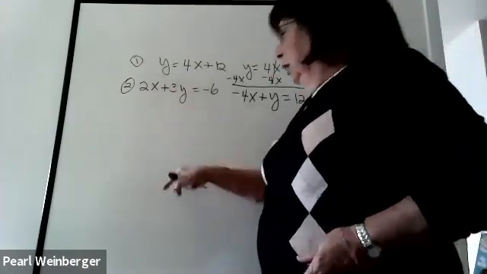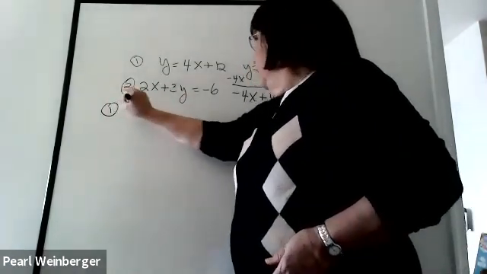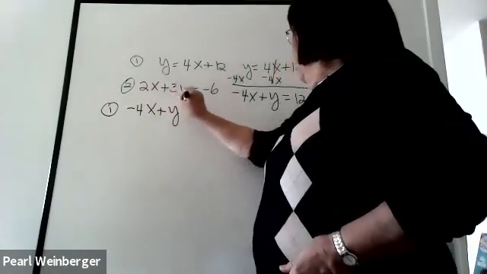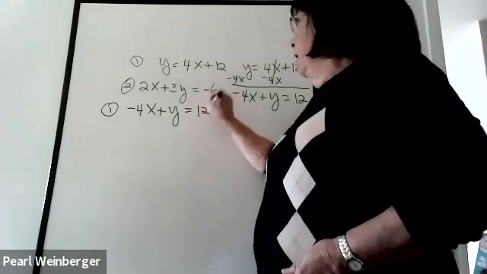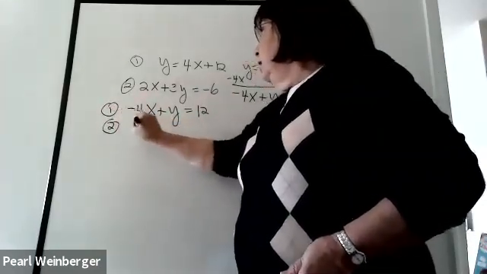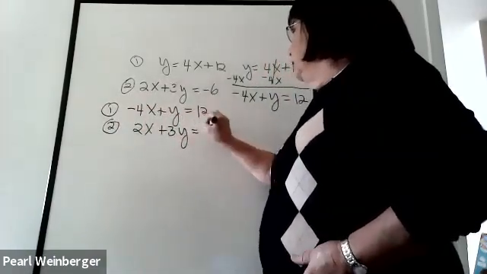My first equation has become -4x plus y equals 12. And my second equation is staying 2x plus 3y equals -6.